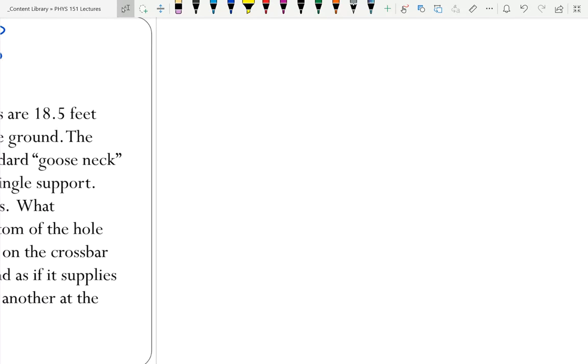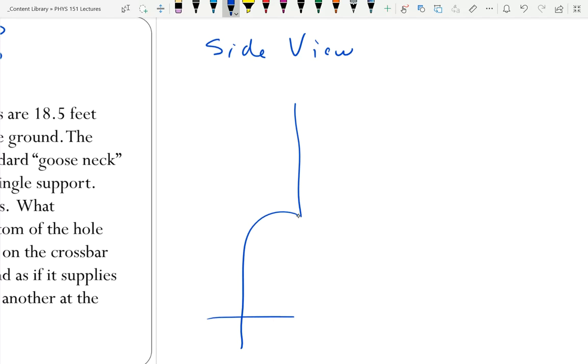So I'm going to show a side view. So the side view we have, the fan is standing here. This distance is 2.0 yards.